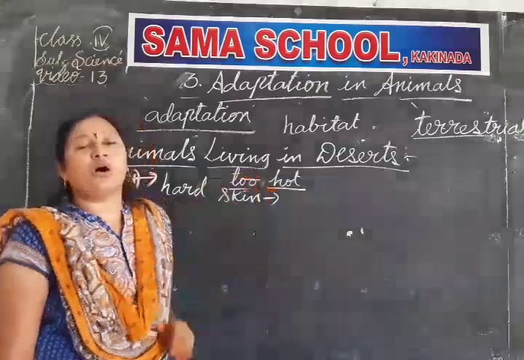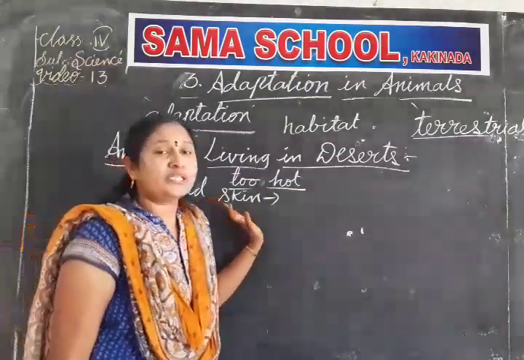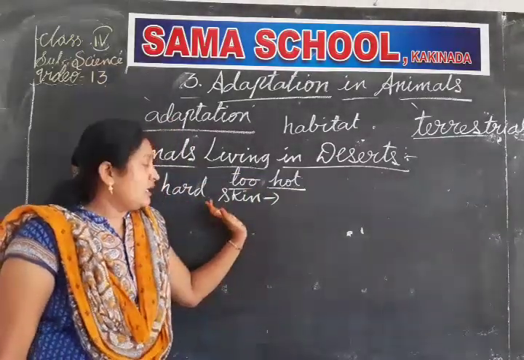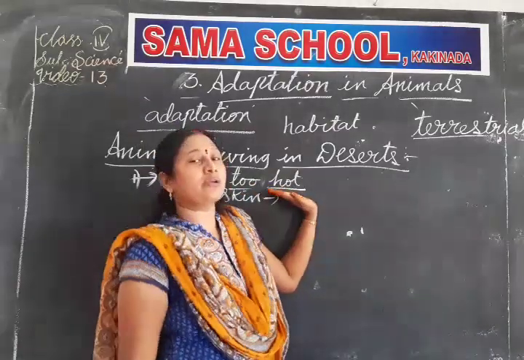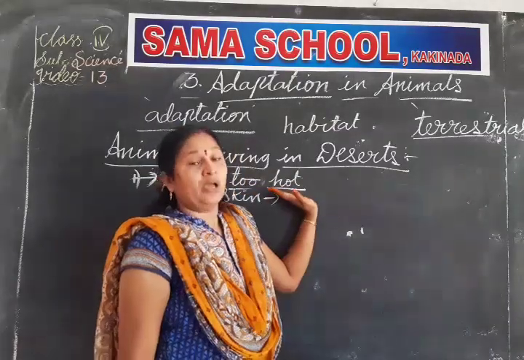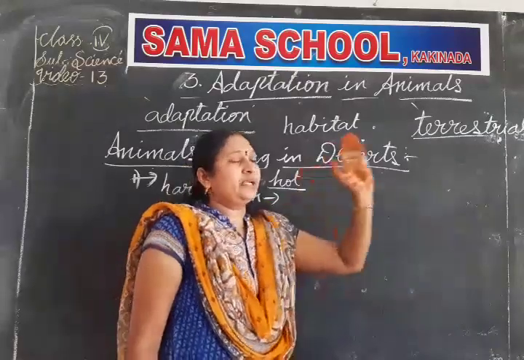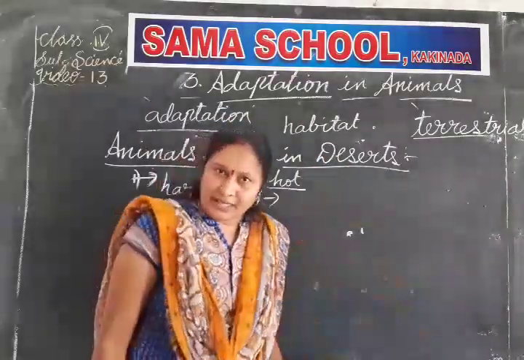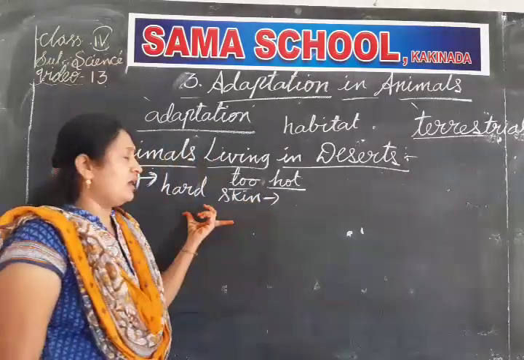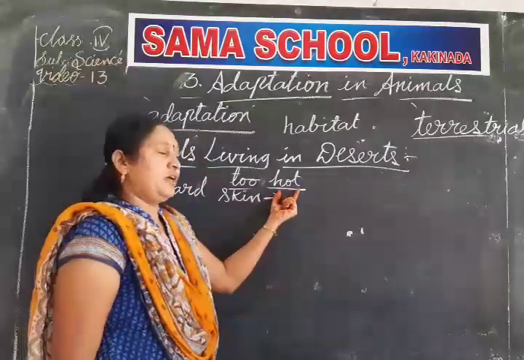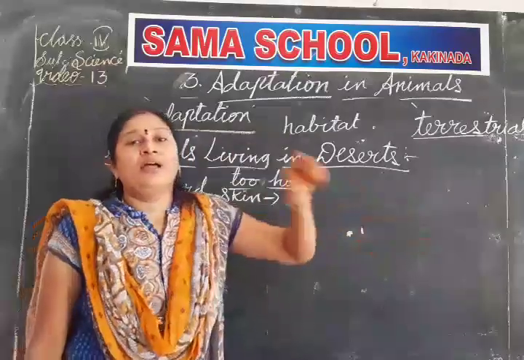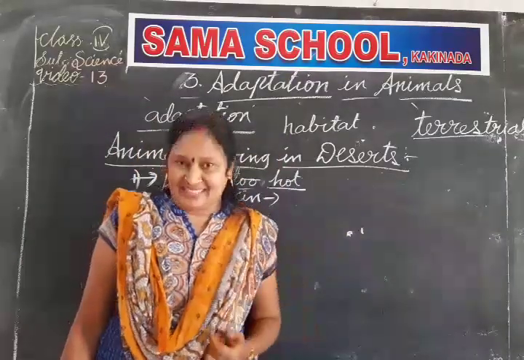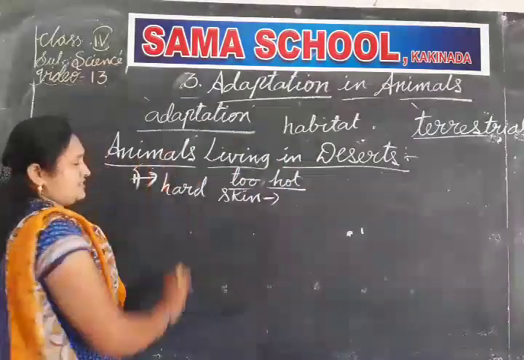The skin of this animal protects it from the hot sun at daytime, and at the same time it protects it from the cool at night time. That is one of the features.